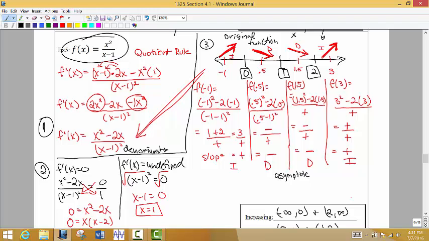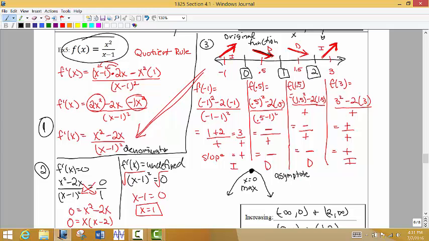All right, so do we have any relative maxes or relative mins? It looks like we're going uphill. So we're going up, and then we switch to going down. So this would tell me that x equals 0 is a relative max, because we're going to be at the top of the hill. x equals 1 is not a relative max or a min. For one thing, it's an asymptote, so it's not a point on the graph.